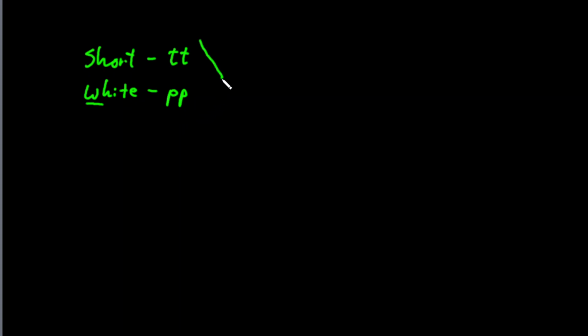Now we're looking at both of those traits at the same time, and so we need to write them, and I'm going to write them alphabetically. So P's come before T's, and I'm going to write p, p, t, t. And that will be the genotype for letter A, the short plant with white flowers. Now, what about B?